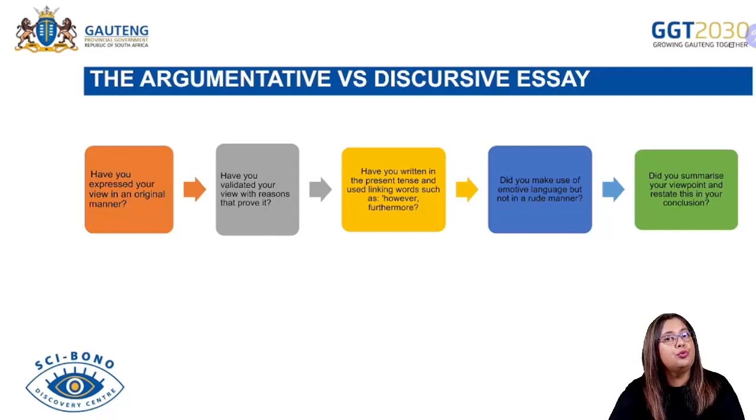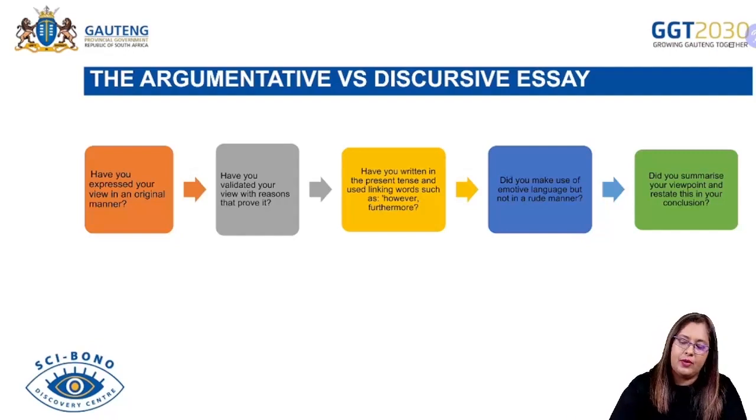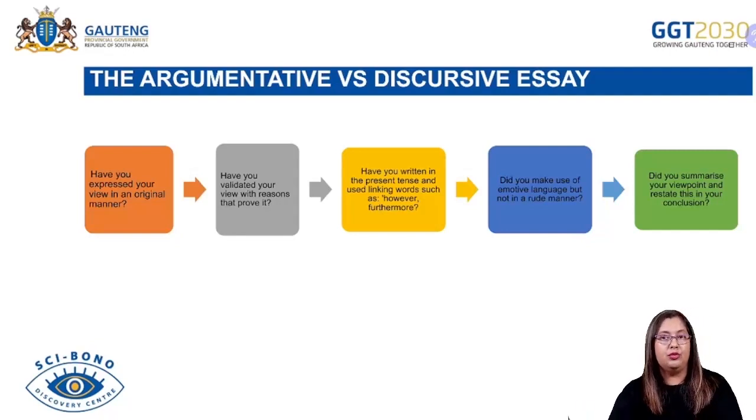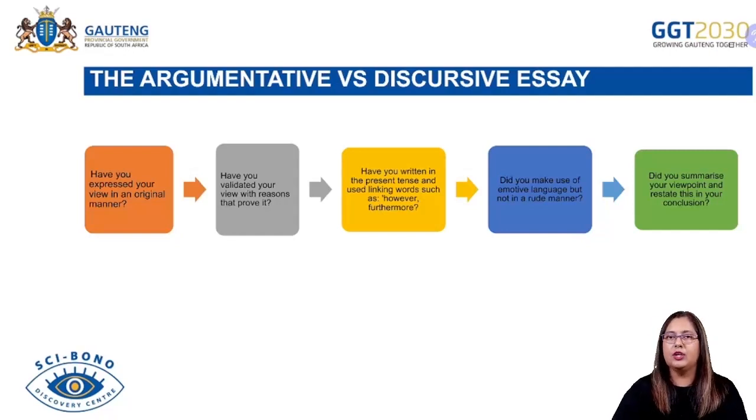And have you proved that it is the case with the reasons given? Have you written in the present tense and used words such as forever or furthermore or therefore? Did you make use of emotive language, but not in a rude manner, please? And did you summarize your viewpoint and restate this in the conclusion?